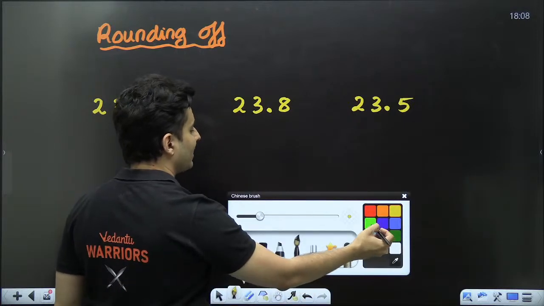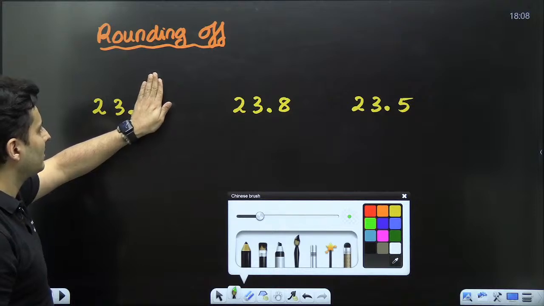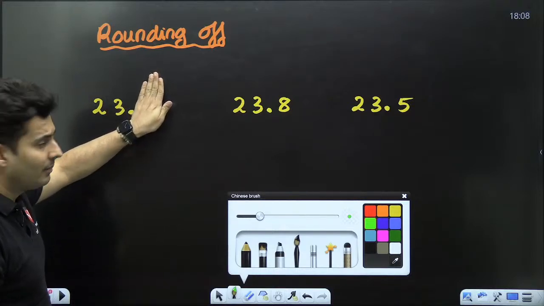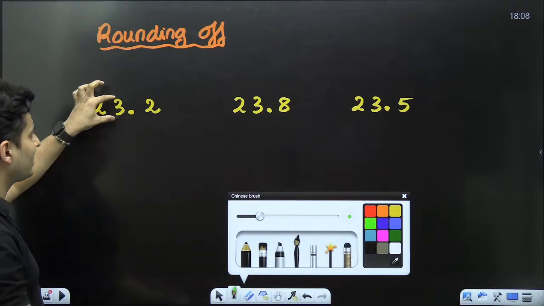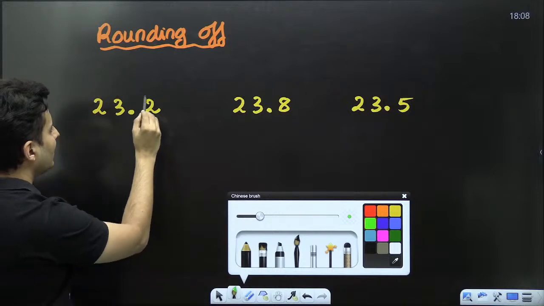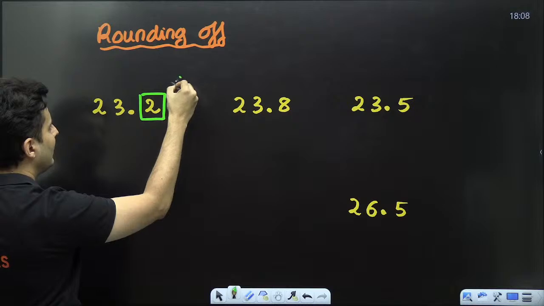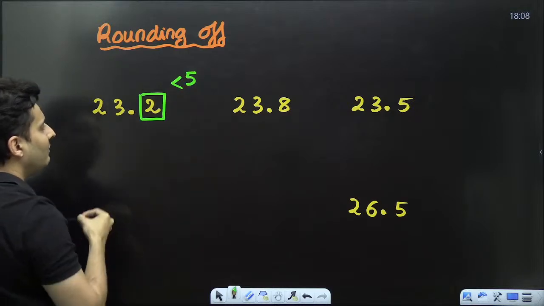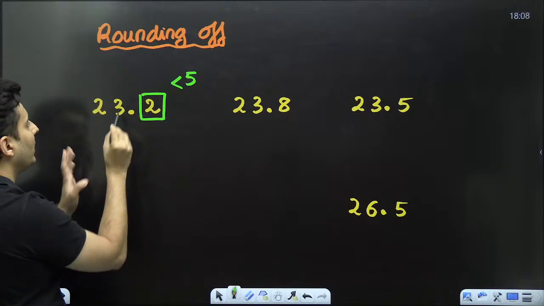If you look at the first example, because you want to get rid of the number 2, the third one, look at the previous one, and also look at the last one. If this last digit is less than 5, then do not do anything to it.